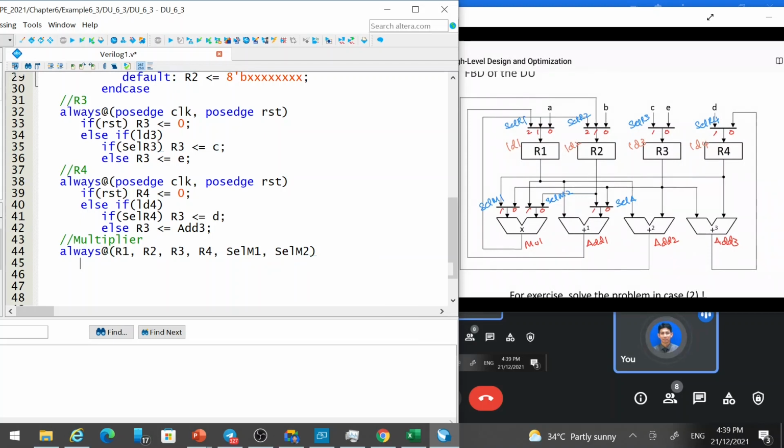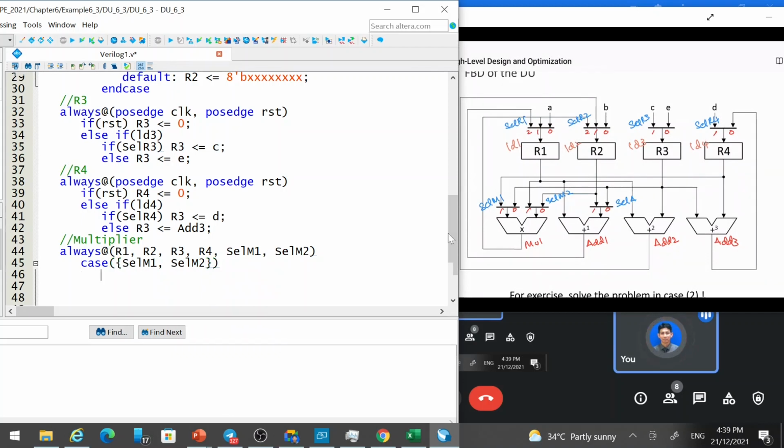So we can use case statement because if we have 4 inputs like this, 2 here, 2 here, we can have 4 possibilities. So case, in this case, we have 2 signals, SEL M1 and SEL M2, so we can use concatenation, SEL M1 and SEL M2, right?